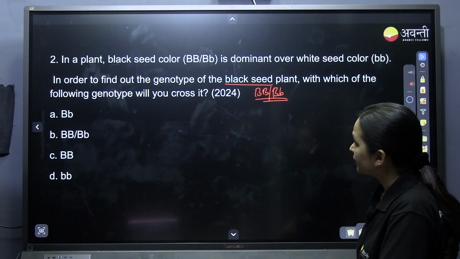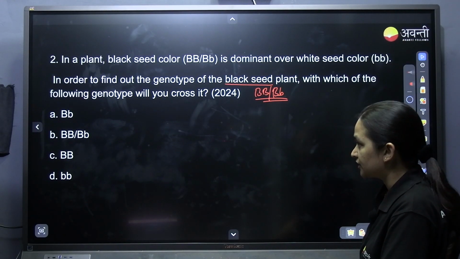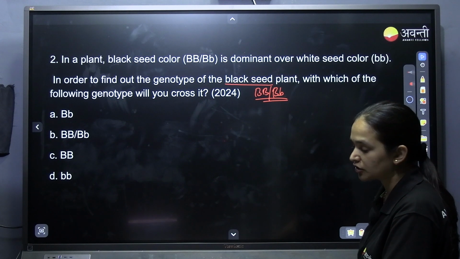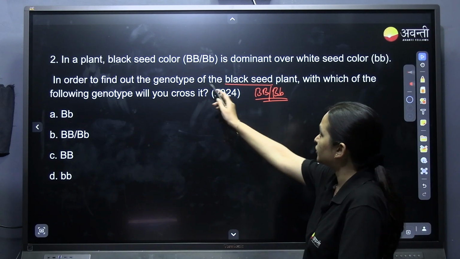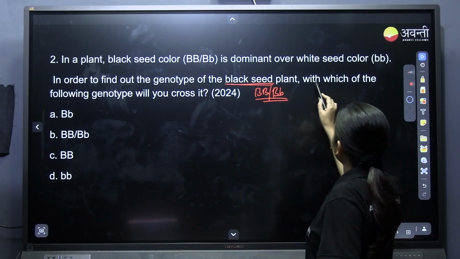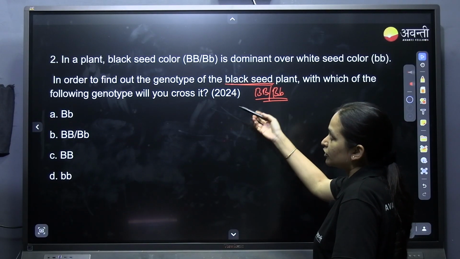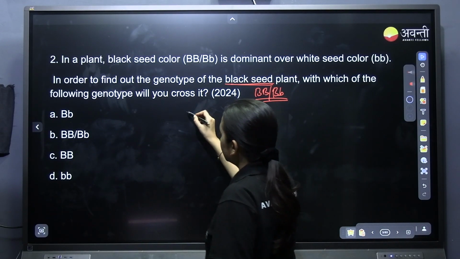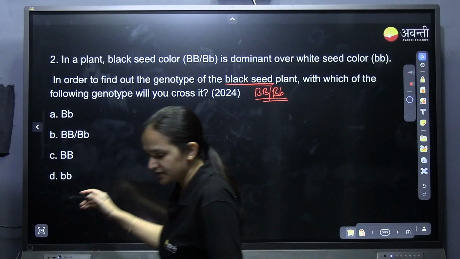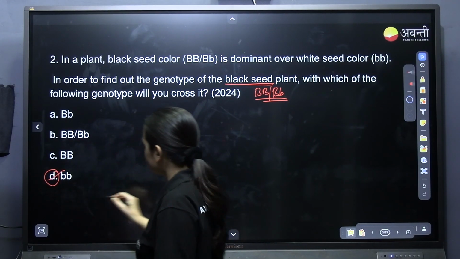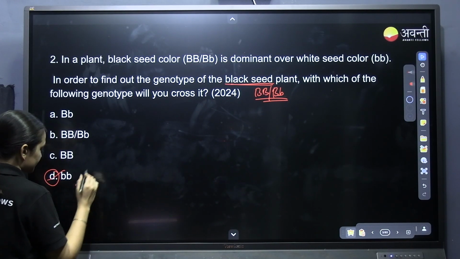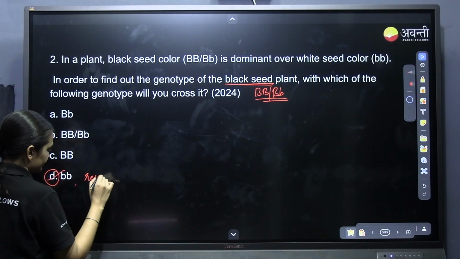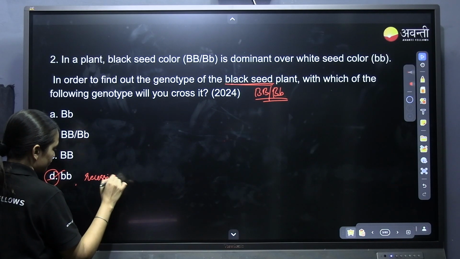See, we need to cross it, in a sense we need to test cross it. In order to find out the genotype of the black seed that is dominant, with which of the following genotype will you cross it? That is Option D. Option D, yes. So you need to cross it with the homozygous recessive genotype.